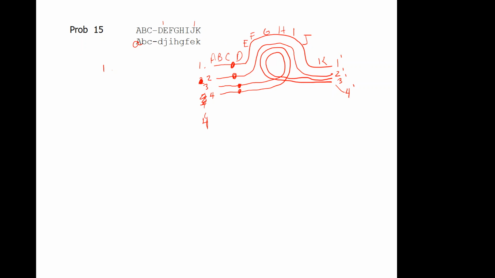So it asked 2 things. Part A was try to draw that. Part B was, what happens if there was a crossover between F and G, right? Oh, so the other thing is we probably want to go ahead and label our alleles. On the other chromosome was A, B, C, D, but then it was inverted.